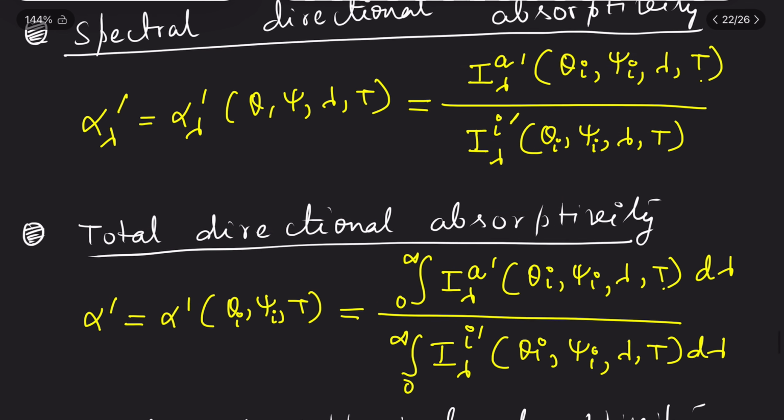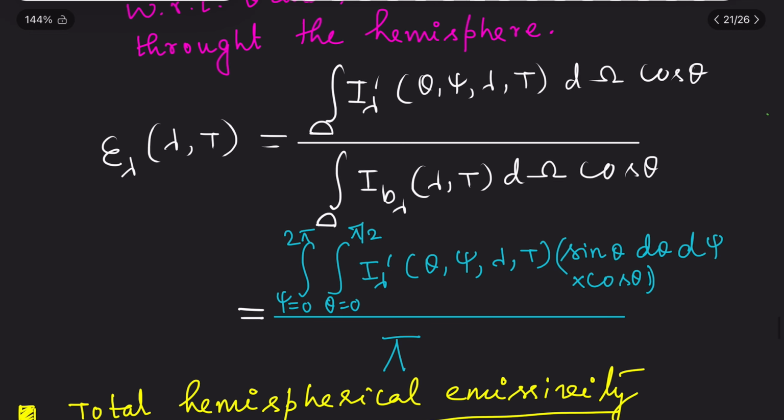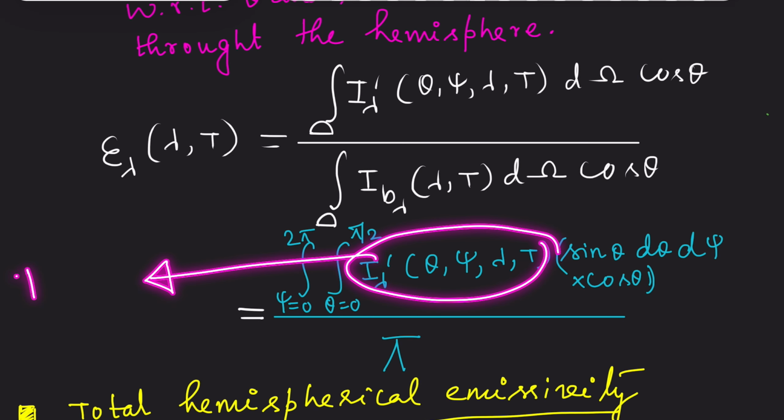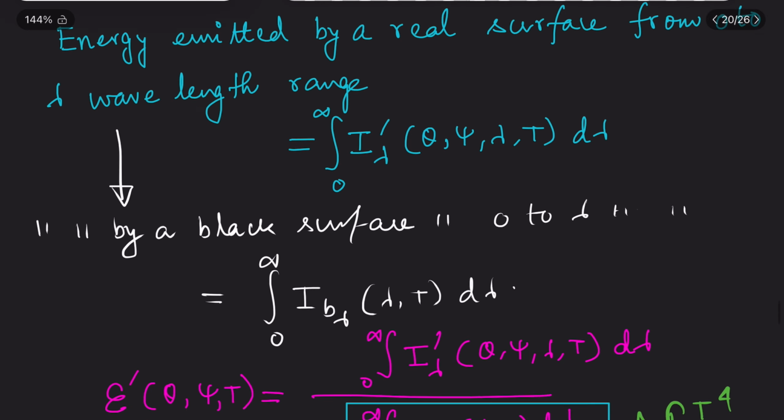Similarly, for emissivity also I can replace this thing by IB lambda, lambda, T into this thing, so that I have got by the basic definition of spectral directional emissivity.